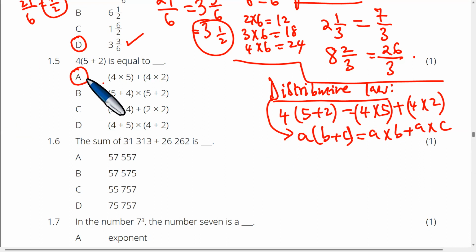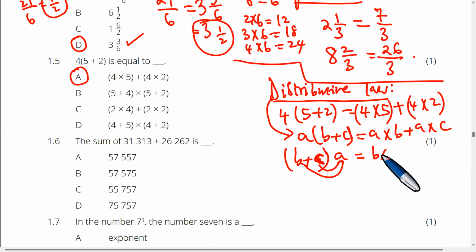This is distribution from the left, but there is also distribution from the right. You can have B plus C times A, in which case A multiplies the B, but it also multiplies the C. So you'd have B times A plus C times A.